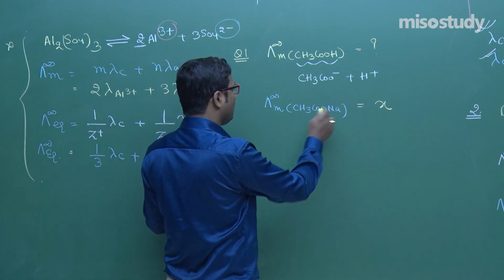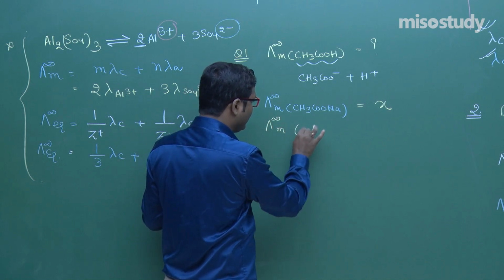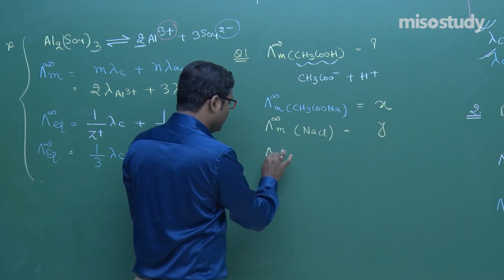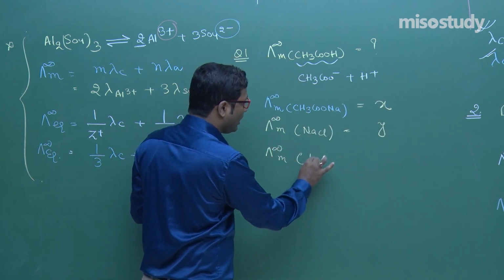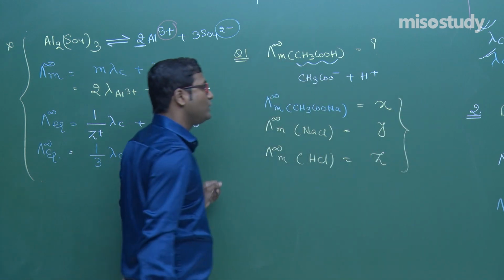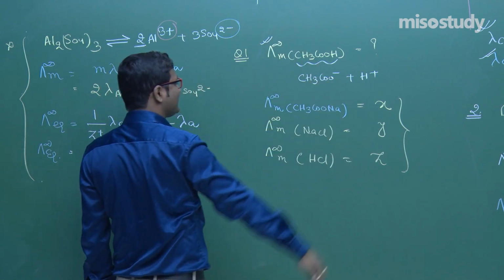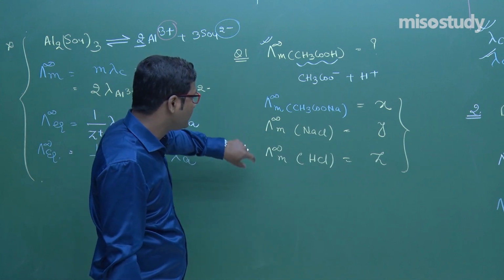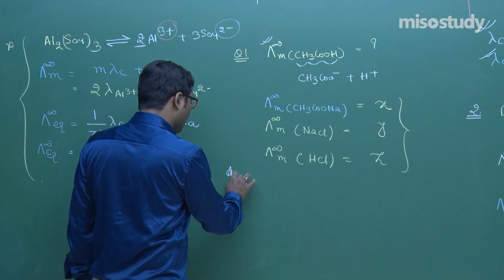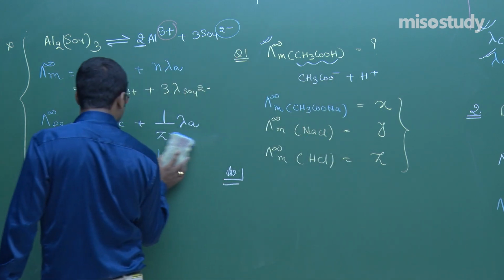Now, the molar conductivity of NaCl is given here Y, and the molar conductivity of HCl is given here Z. Now, you have to find the molar conductivity of CH3COOH by using this data. Now think on it how to solve this question, my friend. It is one of the most important questions and definitely it will help you a lot.